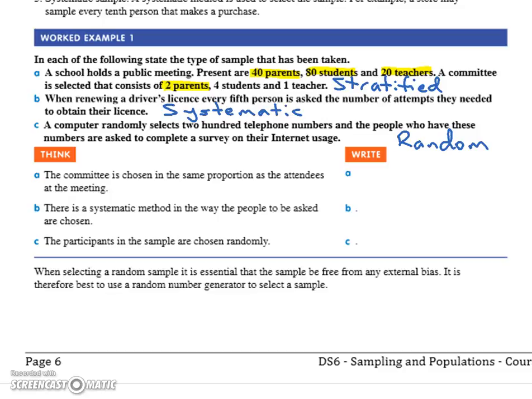Okay. So basically, the relationship between the 40 parents and the 2 parents is they took 1/20th of them. Does that make sense?